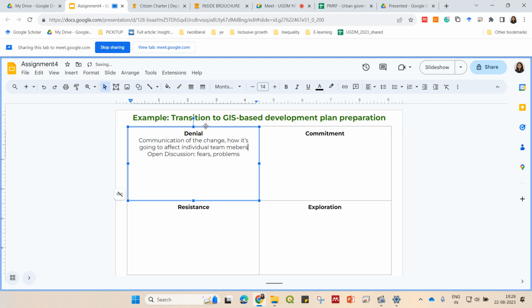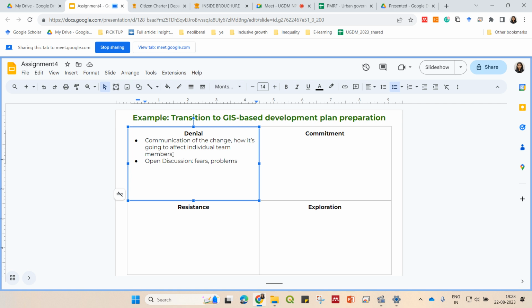Okay, the first thing that you need to do is that you need to tell them that this is a change that is coming and it is going to affect them at individual level, and this is what they can expect from it, and after that you can start discussing fears or problems.